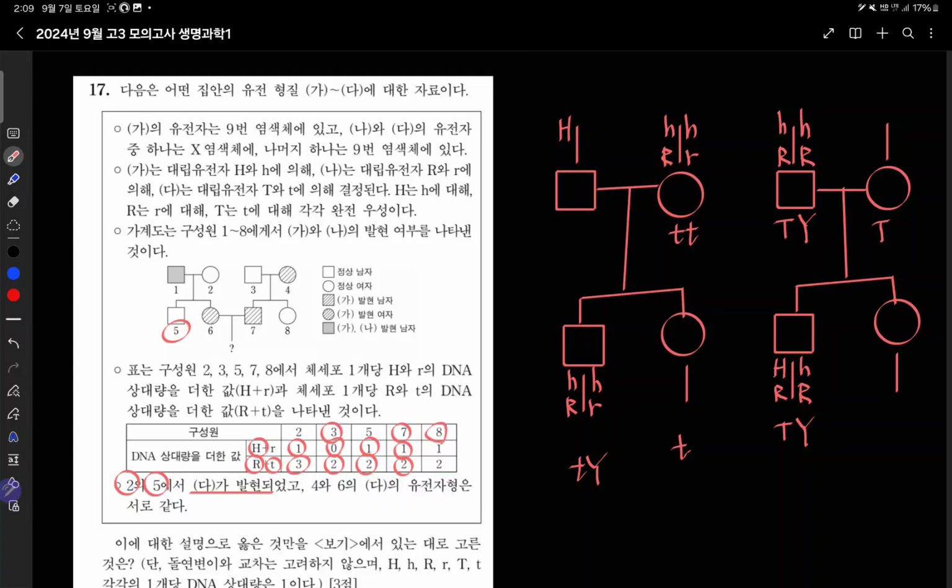And individual number 8, she doesn't have the first trait, so she should be homozygous recessive for the first trait. That means she's heterozygous for the second trait.